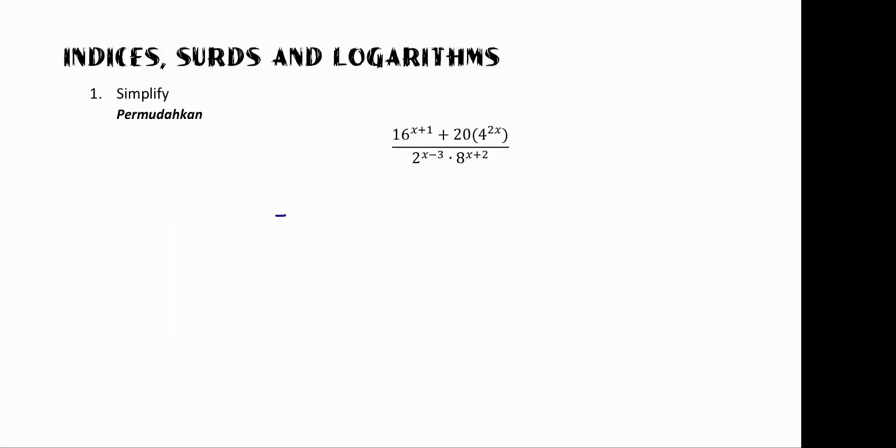Come, I want to change everything into a same base. Easy for me to do this. I want to change everything to base 2, I think better. So if I change, 2 atas 16 is 2 power 4.